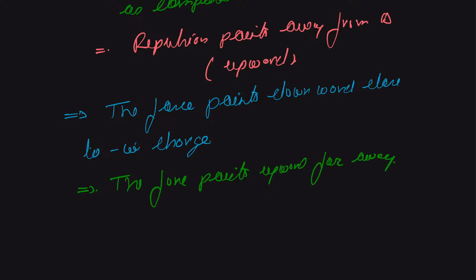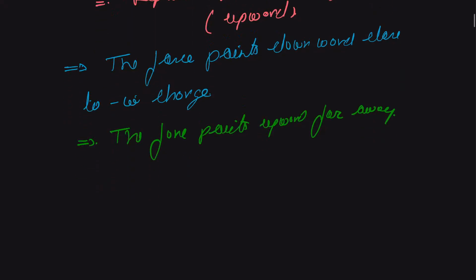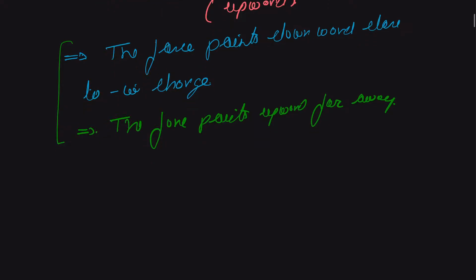So these are the two important conclusions which we draw from these two discussions or two points. Therefore, from here we can say that the force must pass through 0 exactly once in between them.